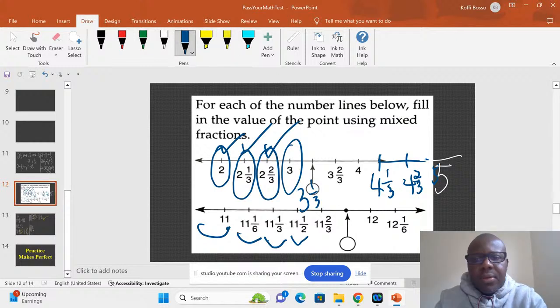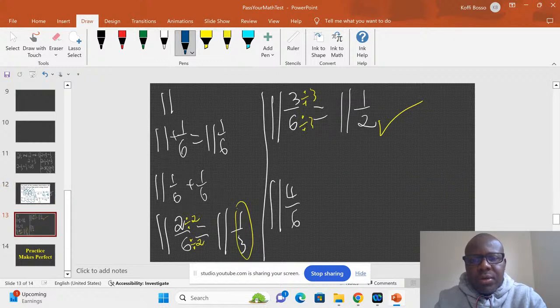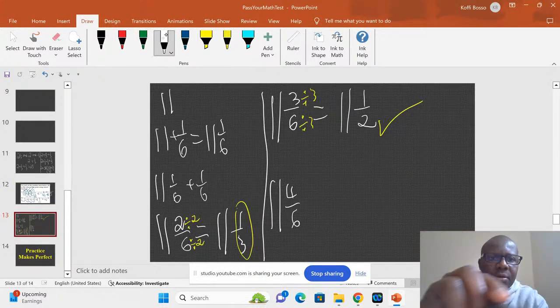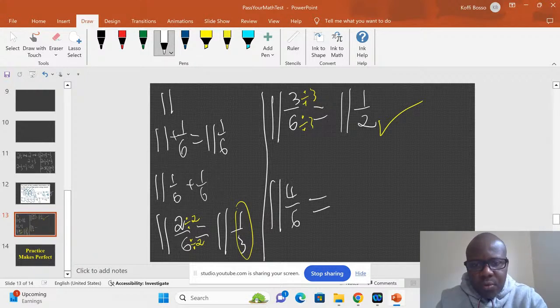Okay, if we continue, what is the next one? 4 over 6, right? Can we simplify 4 over 6? Of course, we can divide both by 2, so we have 11 and 2/3.